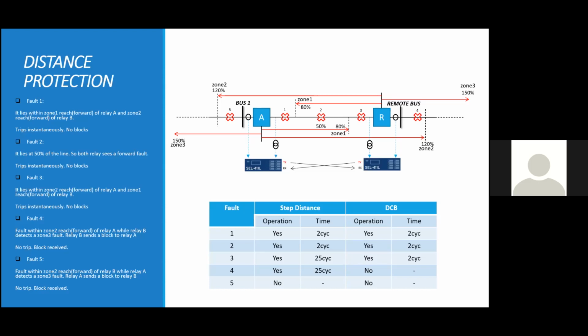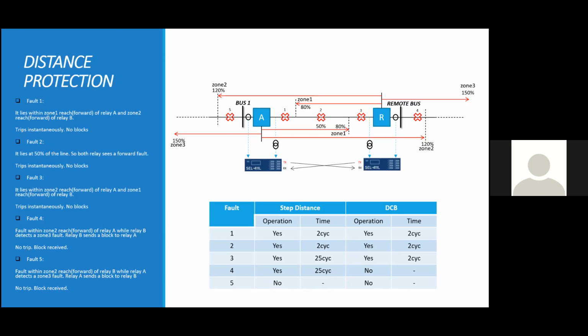Now, if we move on to fault 2, it lies at the 50% of the line, and both the relays see a forward fault, and both the relays trip their local breakers instantaneously, and no blocks are issued.